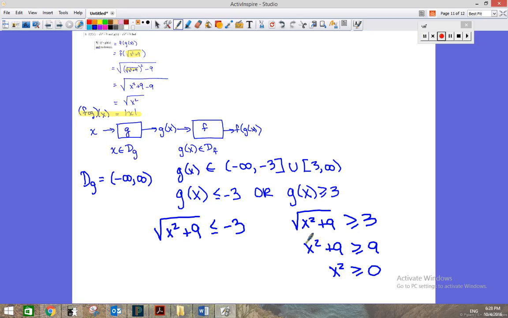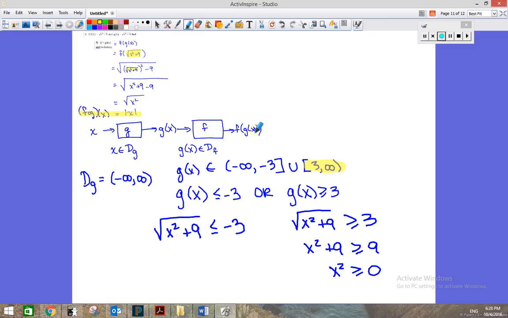So even though f was picky, g magically, just amazingly, produces the right numbers. That's always in at least one of the intervals. It's always in this interval. We don't care if it's never in the other interval that f likes. g always produces a value that's bigger than or equal to 3.